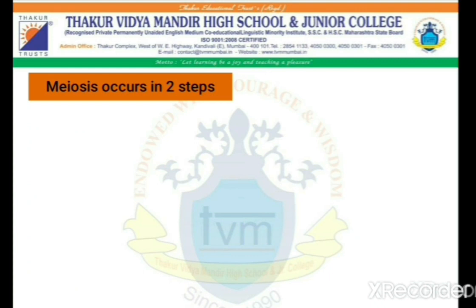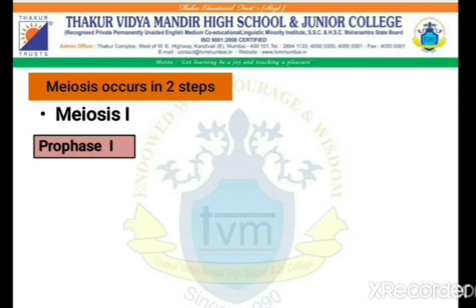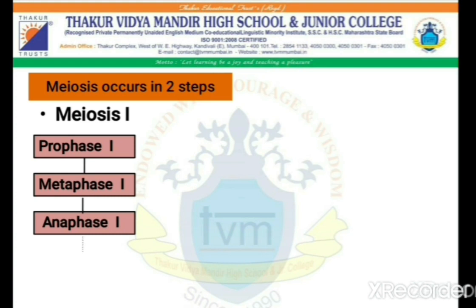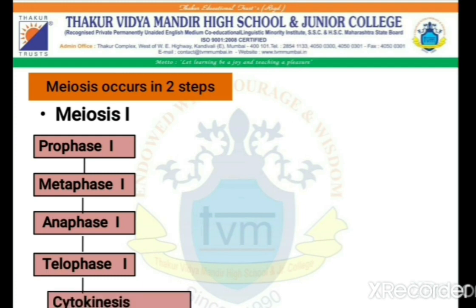Now this meiosis is carried out in 2 steps. First step is meiosis 1. In meiosis 1, there are different phases, that is prophase 1, metaphase 1, anaphase 1, telophase 1 and cytokinesis.